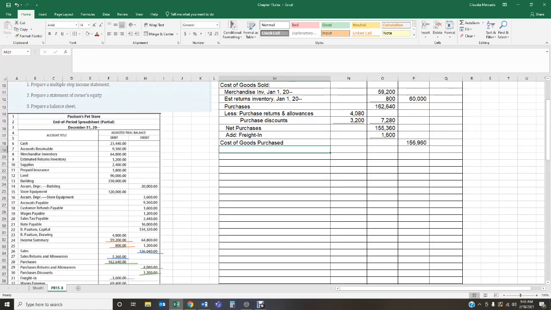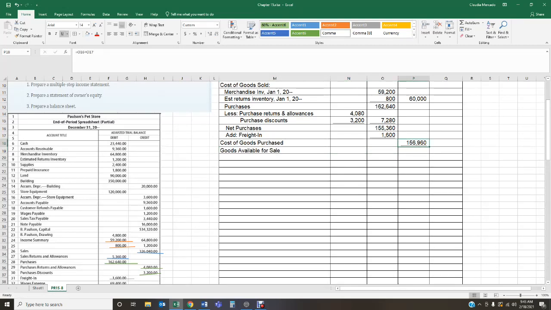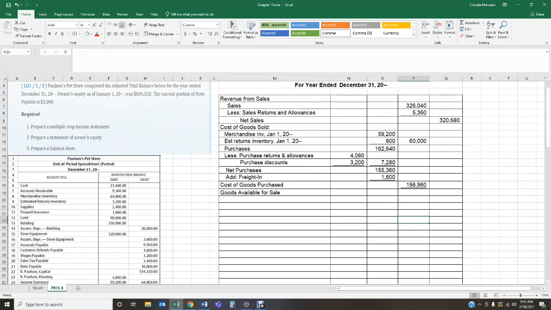Okay. Now I can calculate my goods available for sale. Your goods available for sale is going to be whatever we calculated up here.